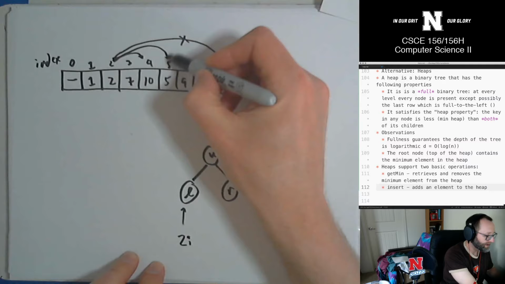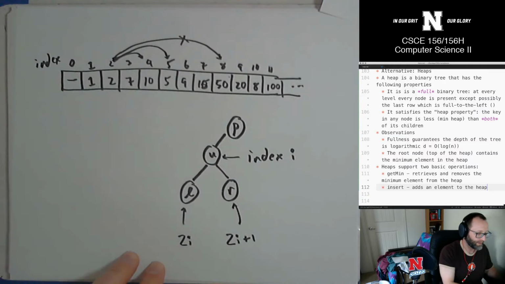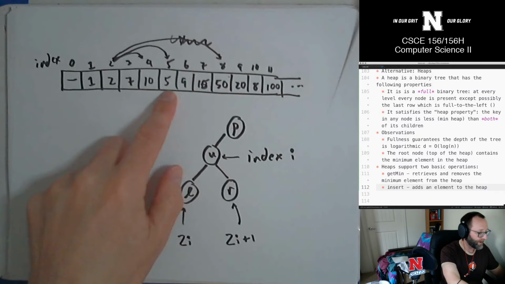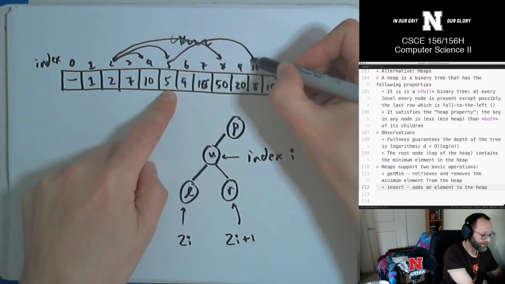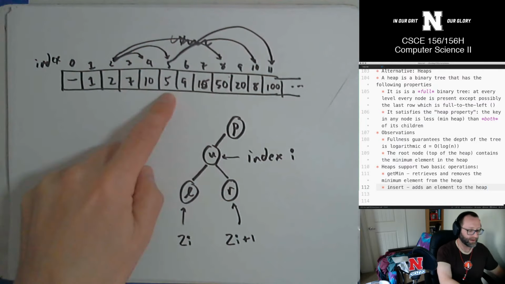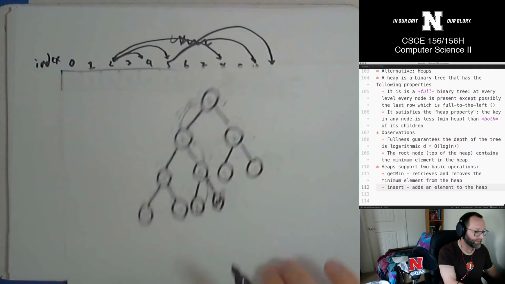Well, it's right next to it, and so that's going to be 2i plus 1. The other example that we looked at was 5. If I jump to 2 times 5, that's going to be index 10. And then right next to it, plus 1, is going to be index 11. That was 8 and 100, the children of 5.